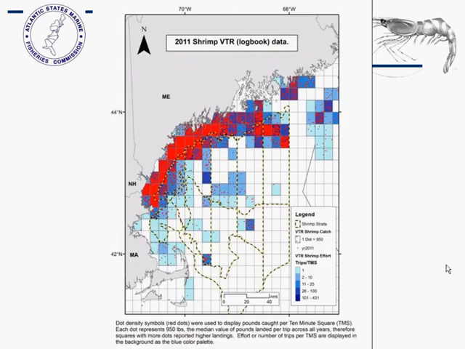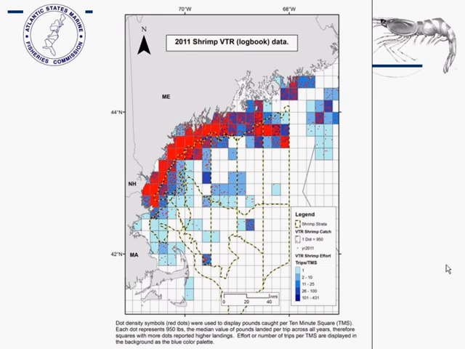Also, if you're going to do a survey, you don't want to be surveying where there's no fishing going on. I mean, if there's no fishing happening off the coast of Nova Scotia, we don't need to. We wouldn't survey there anyway because it's not our jurisdiction. But you want to see where the fishery is happening, and this is from 2011. But it was pretty similar back in the early 80s.